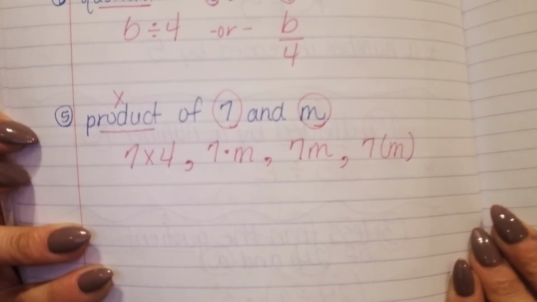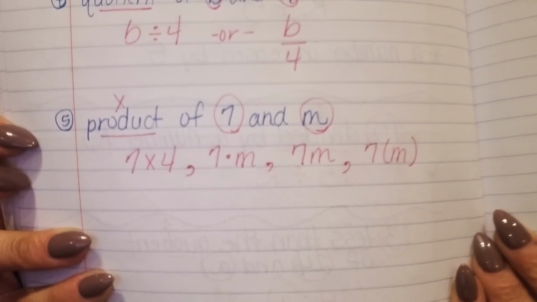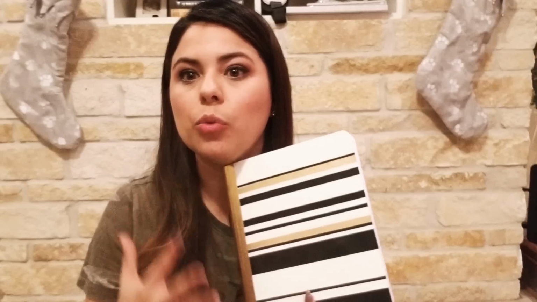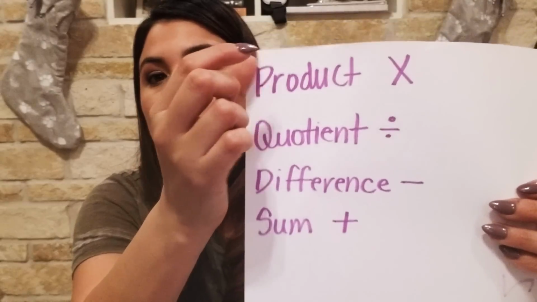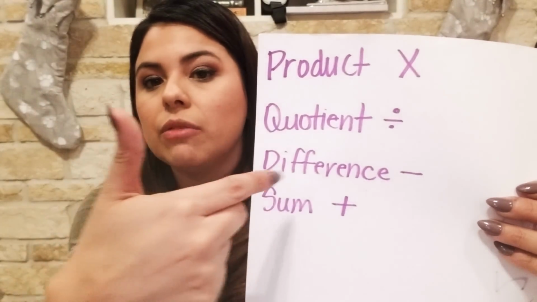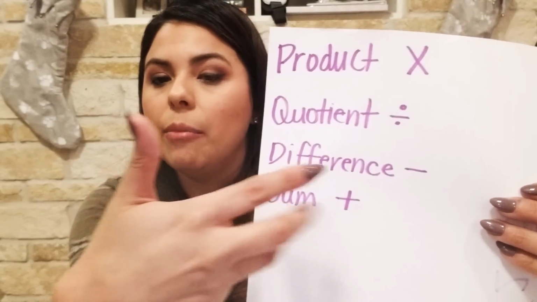I know there's lots of ways for multiplication, right? Okay, those are all your notes for today. Hopefully most of you got it the first time. I know it can be a little confusing because you're using words to create expressions, and that can be tricky, especially if you don't know your keys: product, multiplication, quotient, division, difference, subtraction, sum, addition.